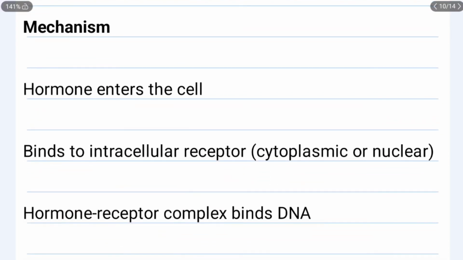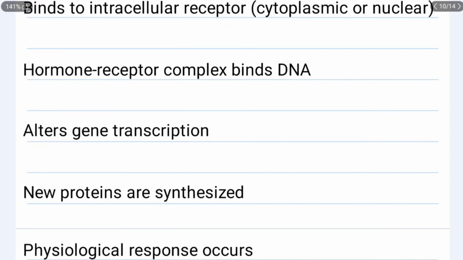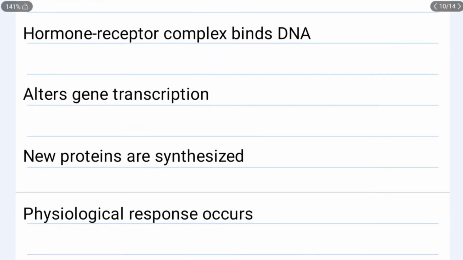The hormone enters the cell and binds to the intracellular receptor, which can be a cytoplasmic receptor or nuclear receptor. Now the hormone receptor complex binds with the DNA and alters gene transcription, which leads to formation of new proteins.